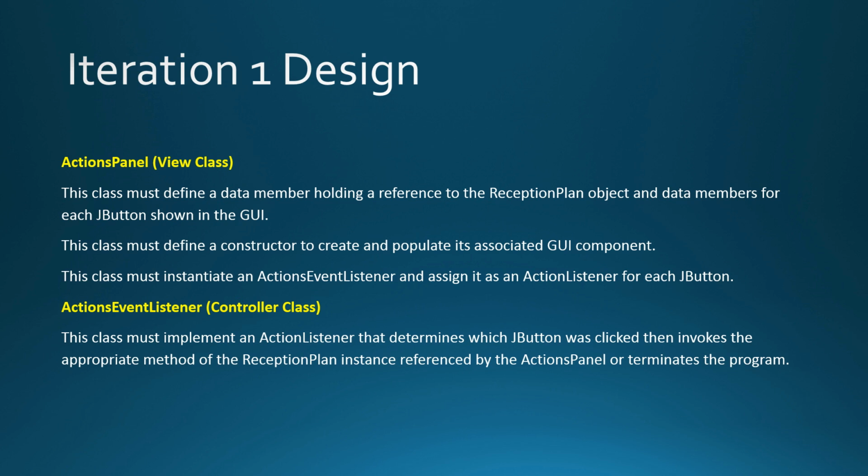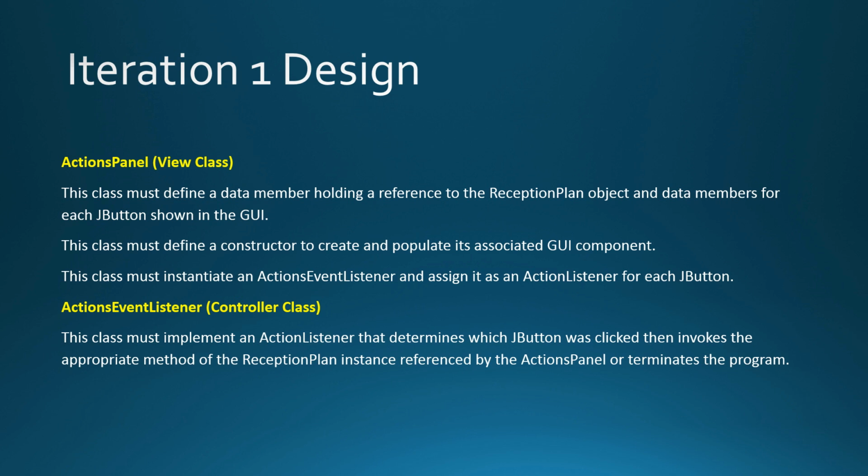We're going to define a constructor that's going to create and populate the J panel, and we're going to instantiate an Actions Event Listener, and that's going to be the controller for each of our J buttons. So we're going to have one controller instance that's going to be listening for events on 3 different buttons.